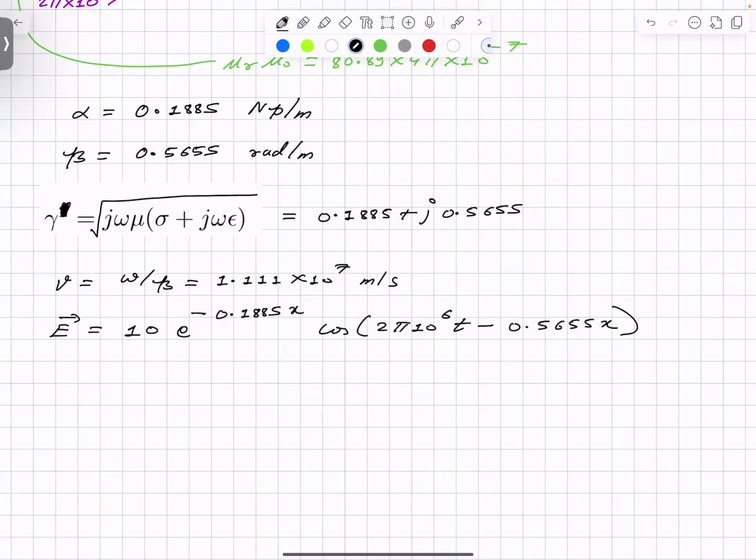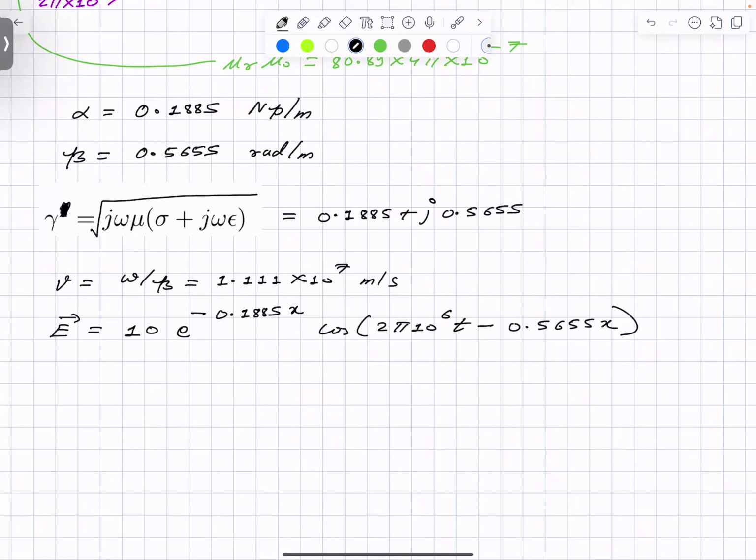Traveling in x direction and the field is oriented in y, so we're going to have only the z component. To get the z component, we take derivative this way first and then this way. The second one will be 0. We just need this part. So all we need is derivative with respect to x of 10 e to the minus gamma x, and it will be in z direction. So the derivative will be minus 10 gamma e to the minus gamma x az.